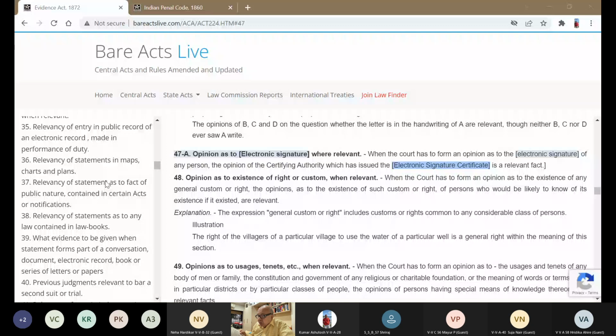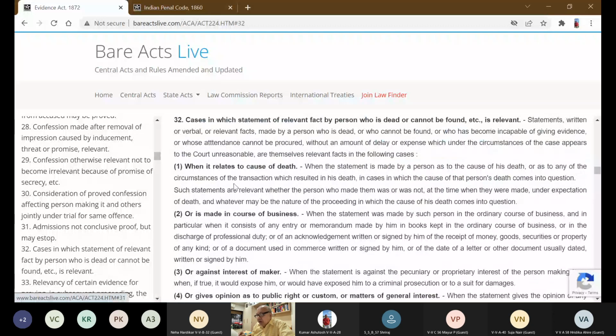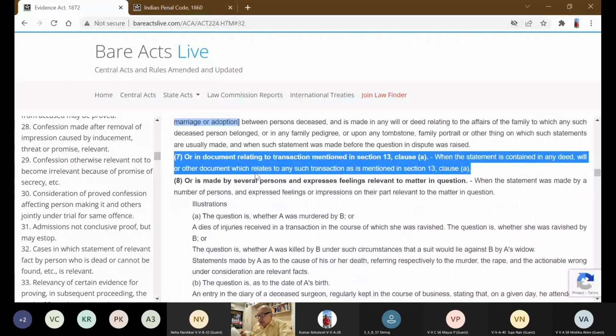Then, yes, relating to a transaction. Where is the specific section about customs? See, it is 32(4): yes, public right or custom. Giving opinion as to public right or custom.